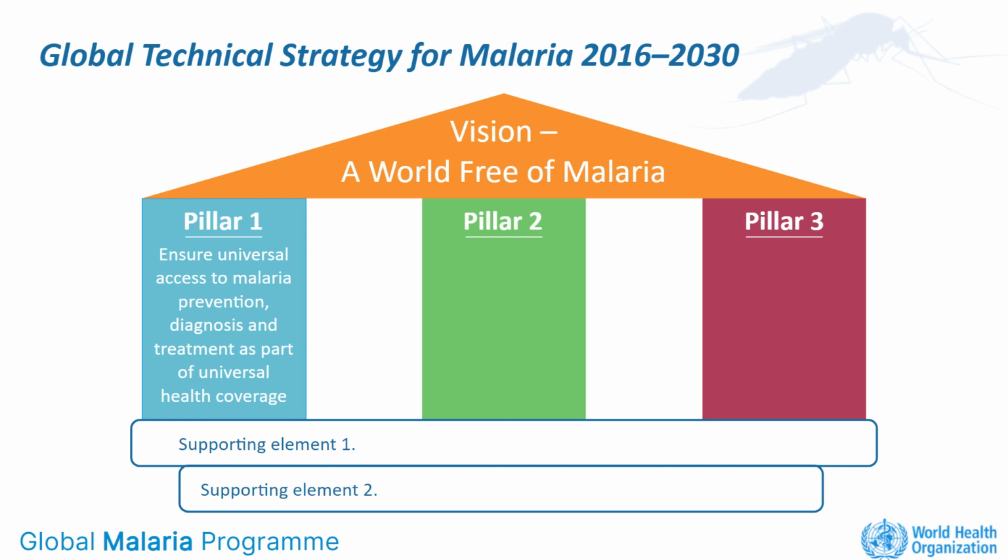Pillar 2. Accelerate efforts towards elimination and attainment of malaria-free status. Countries need to intensify efforts to reduce onward transmission of new infections in defined geographical areas, particularly in settings where transmission is low.